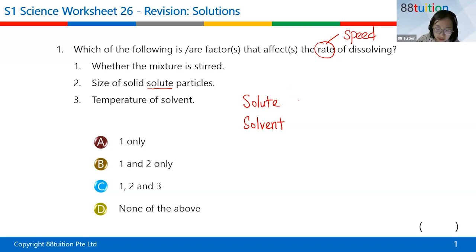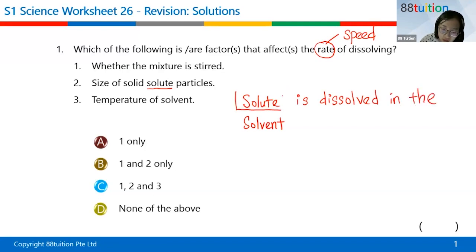So solute is dissolved in the solvent. All right, so you start with solute first. Okay, so solute, then solvent. You know how you are going to remember this? If you think of ABC, let me see whether it works or not.